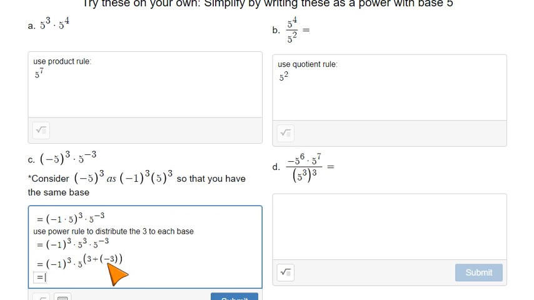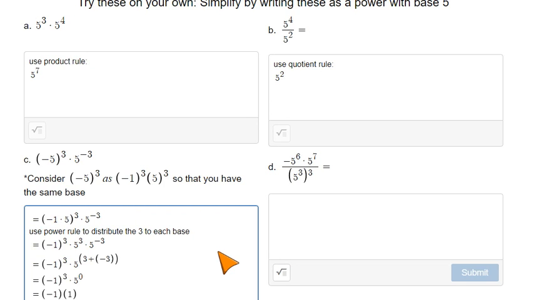I'm going to rewrite the negative 1 all to the power of 3, and now I have 5 to the power of 3 minus 3, so 5 to the power of 0. 5 to the power of 0 is equal to positive 1. Negative 1 to the power of 3 is a negative 1. So now I have negative 1 times positive 1, and the final answer would be negative 1.